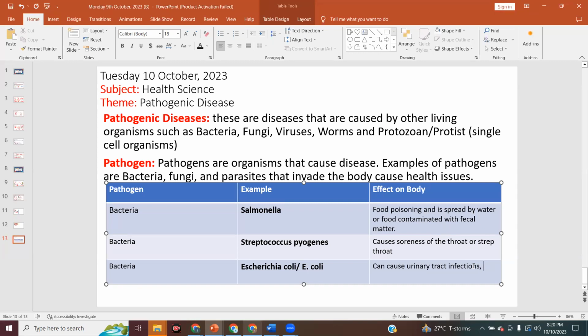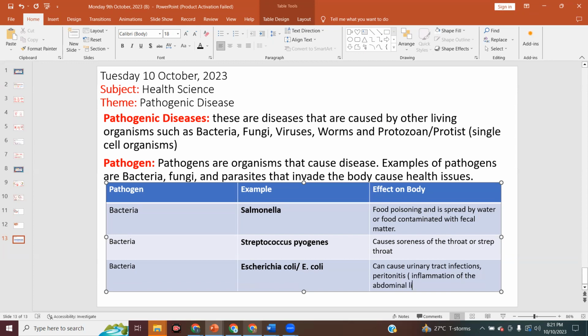Peritonitis, that is inflammation of the abdominal lining. And food poisoning.